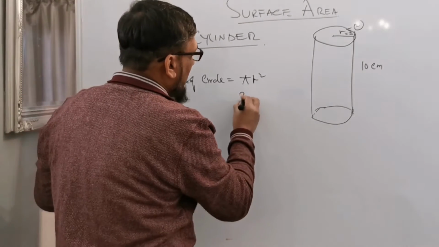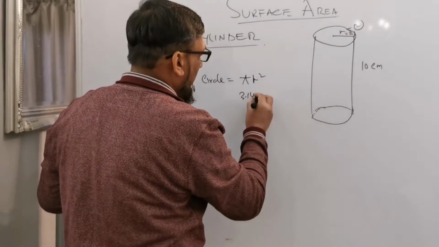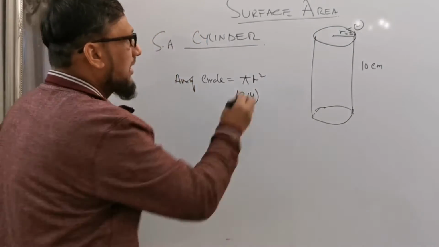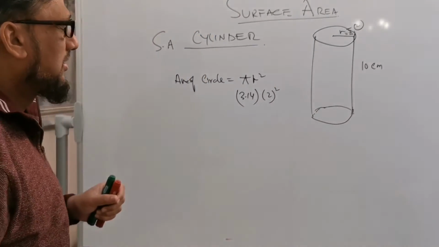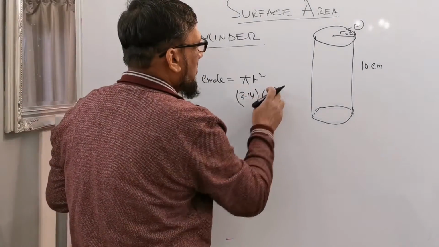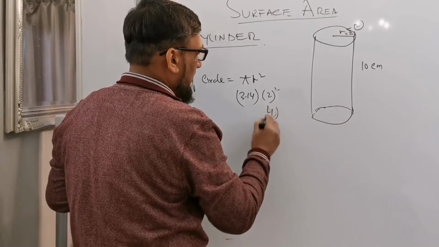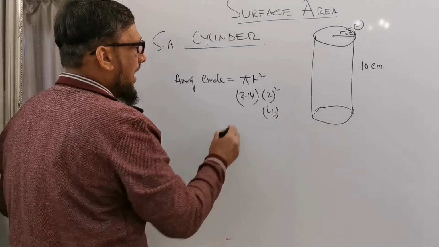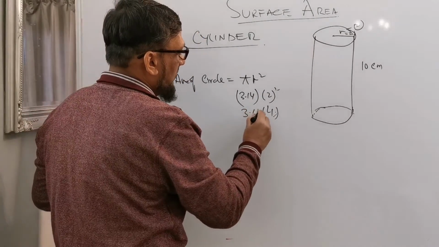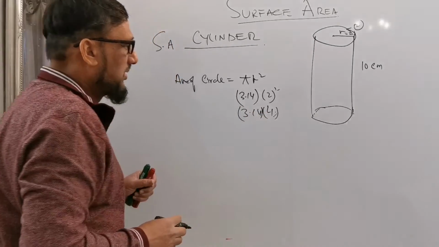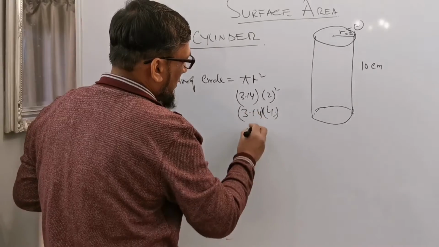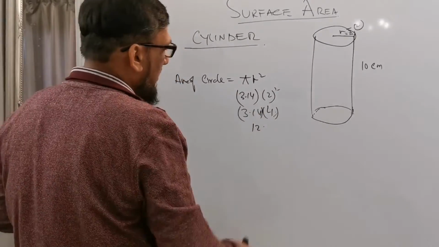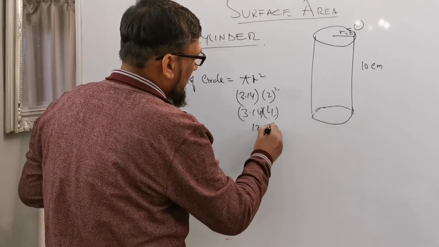The pi value is 3.14, and r is 2 square. So 2 times 2 is 4. And 3.14 times 4: 3 times 4 is 12, and 0.14 times 4 is 0.56.